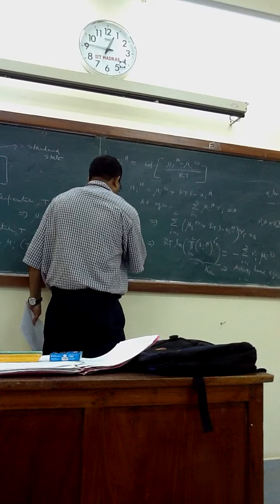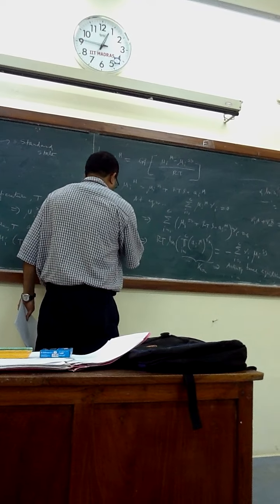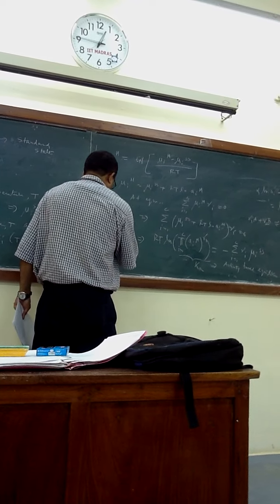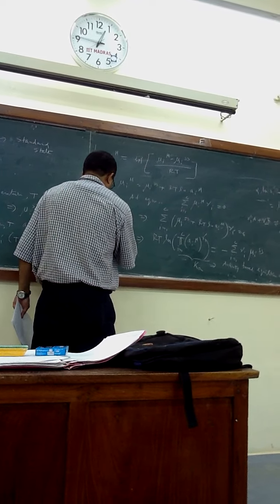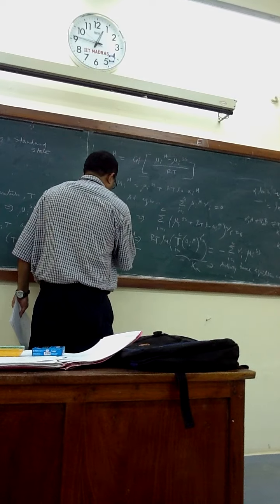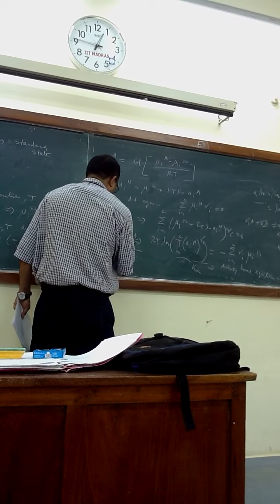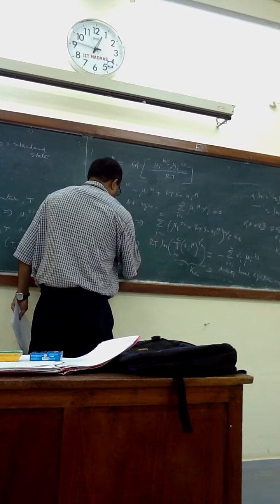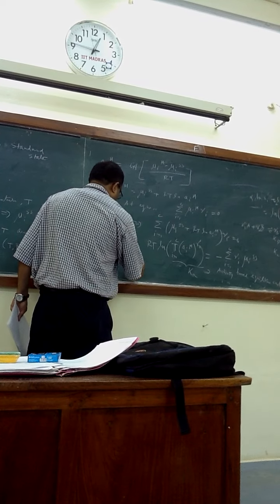It will be a_C to the power c, a_D to the power d, divided by a_A to the power a, a_B to the power b, mixture.